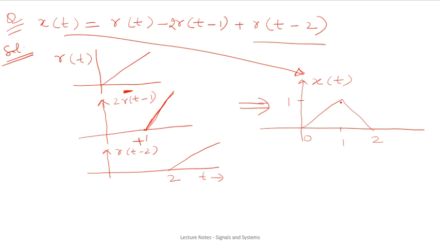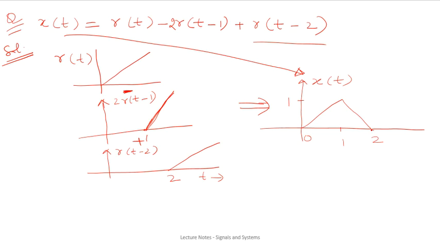After this point 1, if you subtract this below signal from the upper signal, since this second signal has greater slope than the upper signal, this will result in the decreasing slope. That is why this waveform is coming of negative slope up to this point t equals 2.